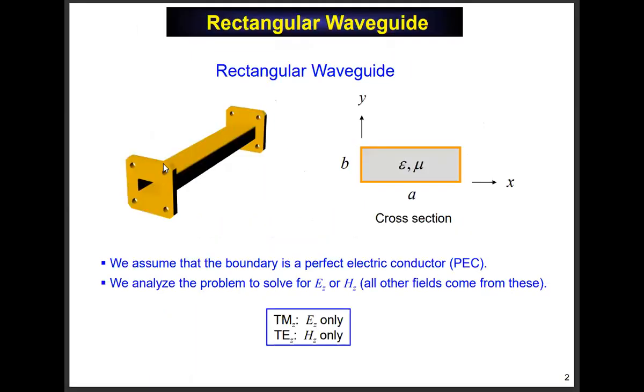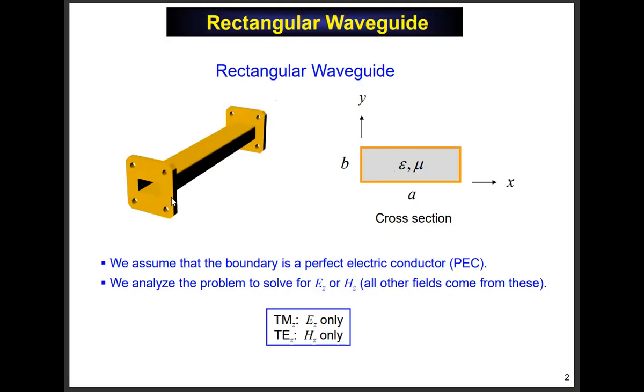Okay, but here it is. A rectangular pipe. Again, it could be filled with a material with epsilon, but 99% of the time in the real world they're filled with air. Now, just to keep it simple in this set of notes, I'm going to assume that the waveguide is made out of perfect conductor.